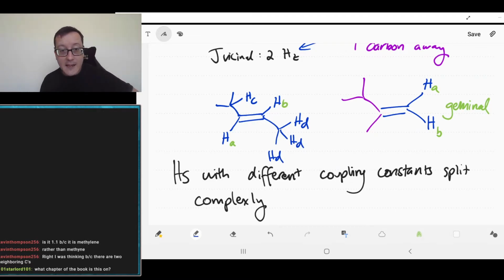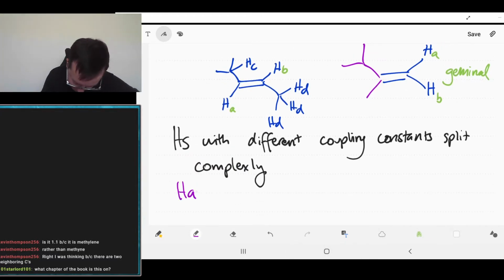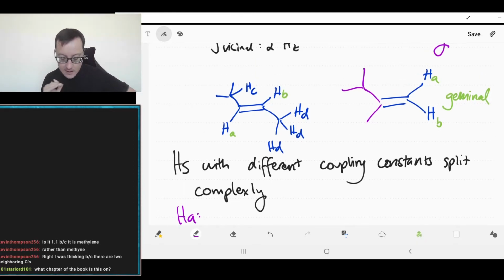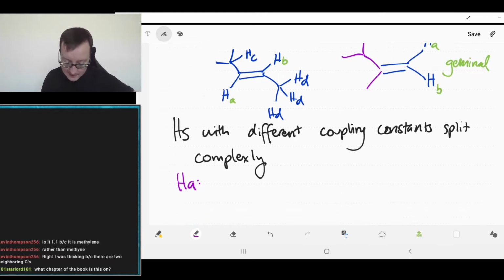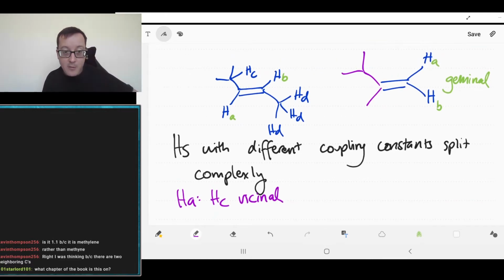If we're looking at HA, let's see how HA is going to be split. HA is going to see everything that's one carbon away, and it's going to see them differently. We have HC that's one carbon away, and that's vicinal. It's a plain old sp3 carbon over there, with its isopropyl group.